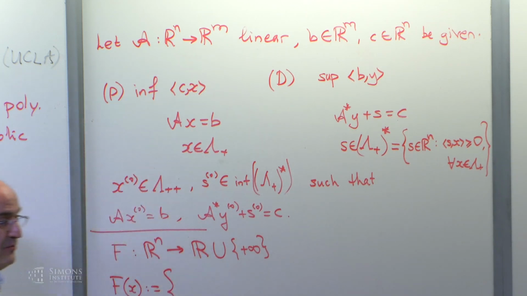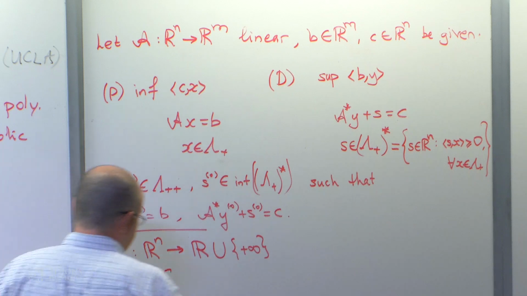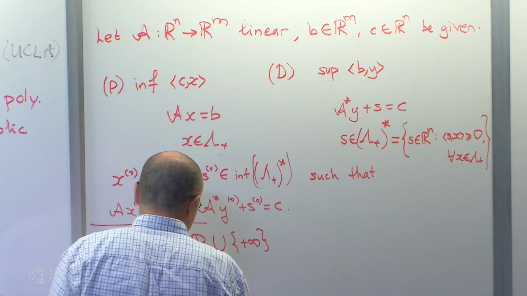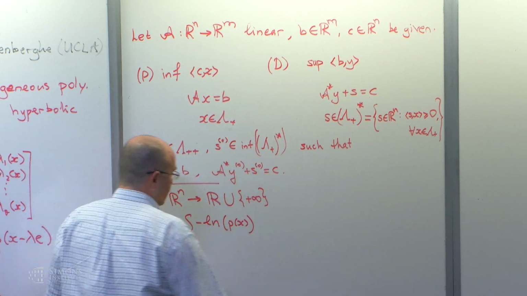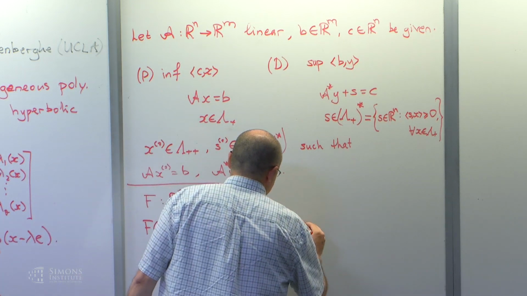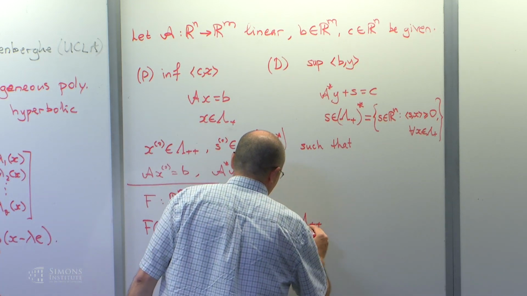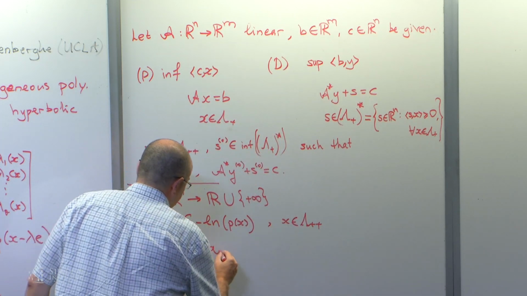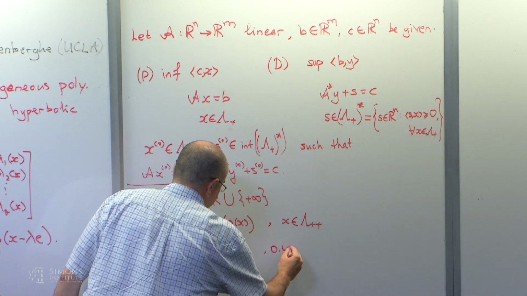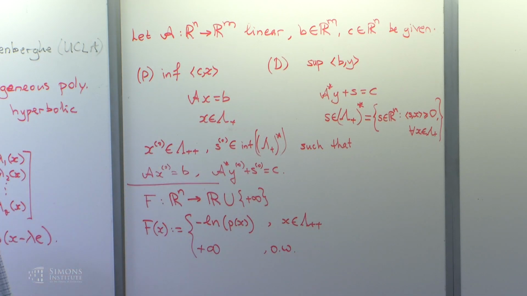Well, this is something that we also saw already in James's talk. This is minus log p of x if x is in the interior of this hyperbolicity cone, and it's plus infinity otherwise. So this is the function, and then this function has a lot of nice properties.